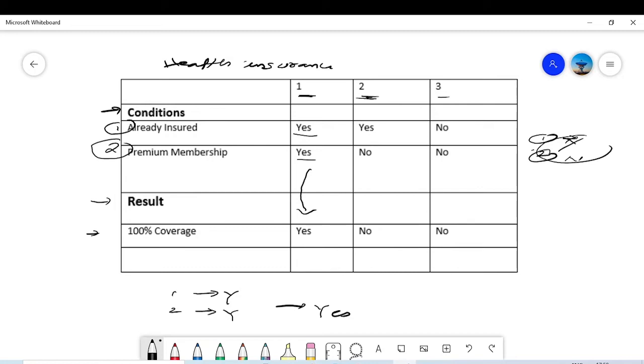So based on this you see that already insured, yes, premium member, no, then your result will be no 100% coverage, it could be below 100%. So it's a kind of decision table. You have some true and false, some yes and no, and based on that you tick the answer, whether the result is true or false, possible or not.